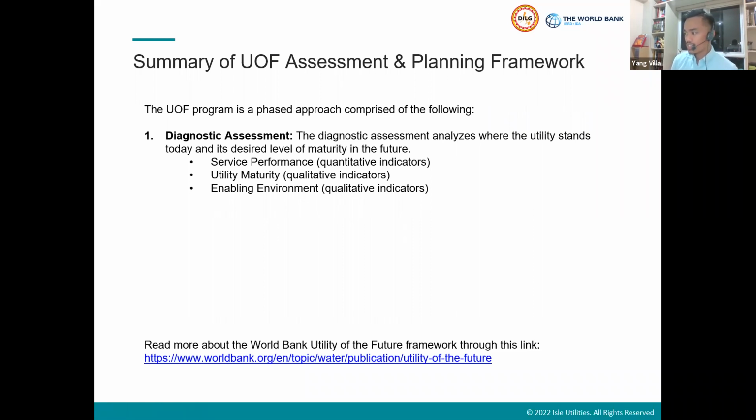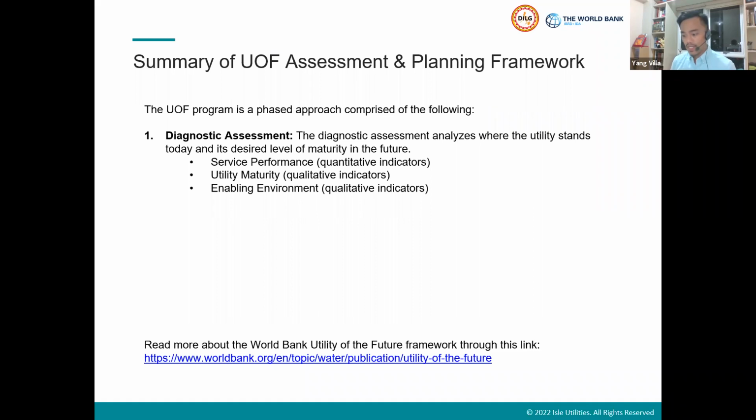The diagnostic assessment analyzes where the utility currently stands today and its desired level of maturity in the future. For the UOF program, we set a time horizon of 5 years for the future state. The beauty of this diagnostic assessment is that we're not only looking at the quantitative indicators, which is typical of your benchmarking and assessment tools that currently exist.